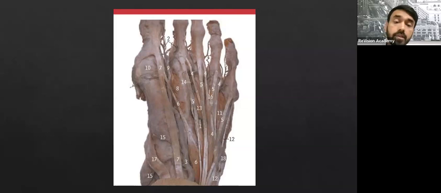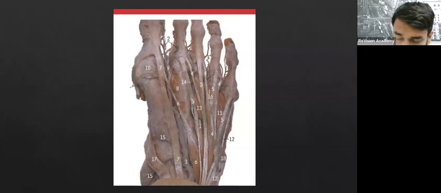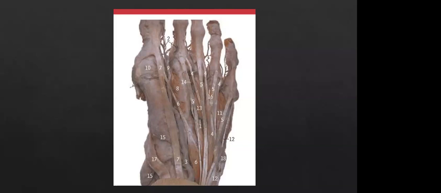Okay. Tell me the names of the arches formed by the foot bones. So there's a medial arch, there's a lateral arch, and there is a transverse arch. Okay. So for the medial longitudinal arch, tell me the names of the bones.